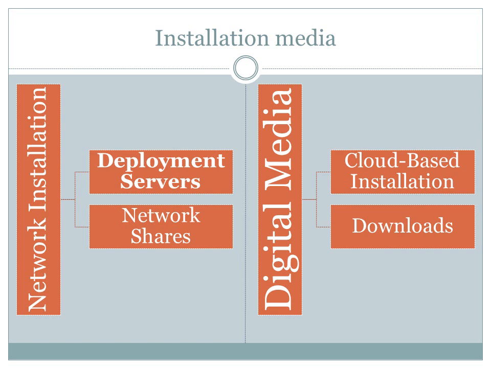Under network installation, we have deployment servers and network shares. Then lastly, we have digital media, which is cloud-based installation, and we also have downloads, where you can download some links to enable you to get the software, maybe to install in other computers.